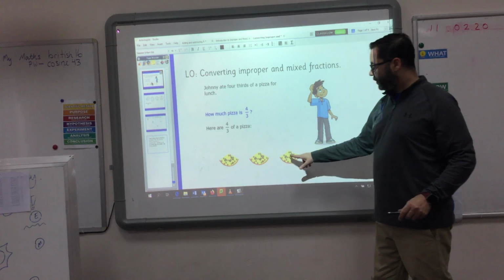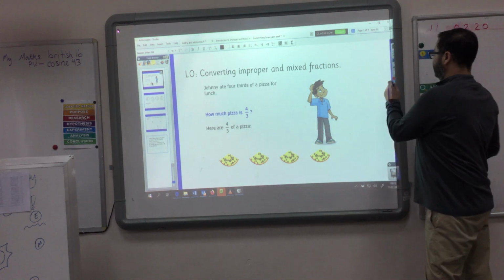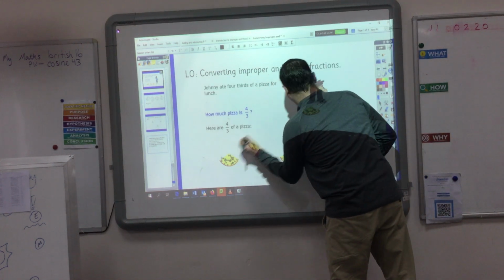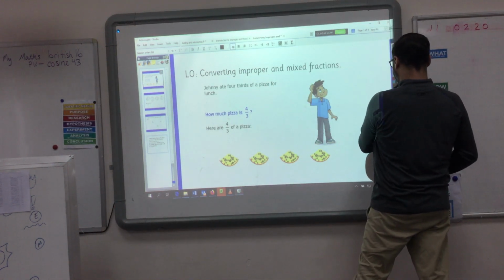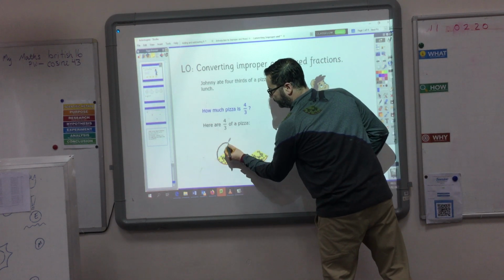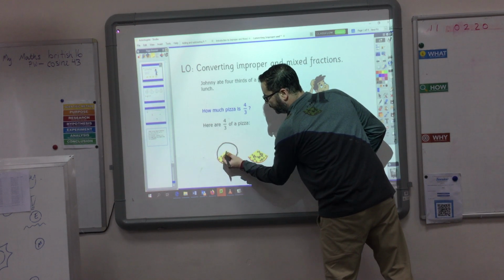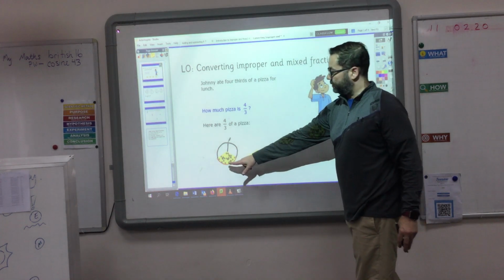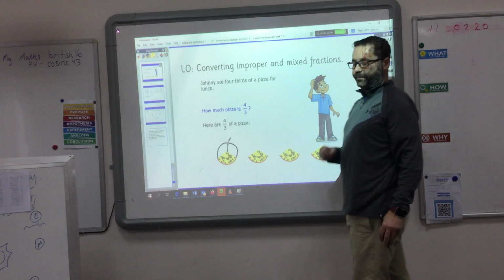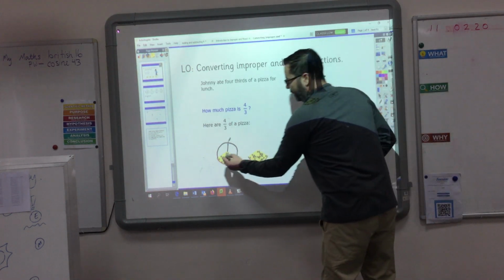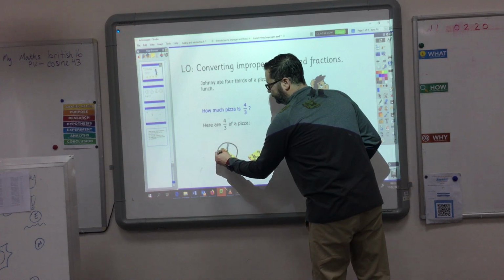1, 2, 3, 4. Now, we can imagine the pizza as a whole would look like this. And that would be split into thirds. 1, 2 thirds of a pizza. So if we take this piece of pizza and put it there, that's 2/3 of a pizza.